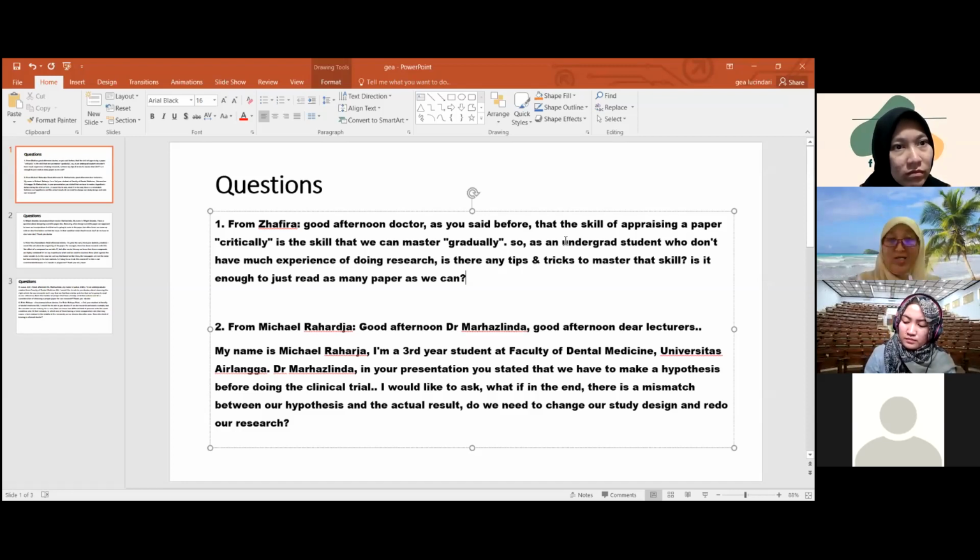When you conduct a study, you cannot expect the result will support your hypothesis. The result may actually support the null hypothesis: you think B is better than A, but the actual result is that B is not better than A. You don't have to change your study design, provided you are using the correct study design and correct methodology from the very beginning. Are we okay?